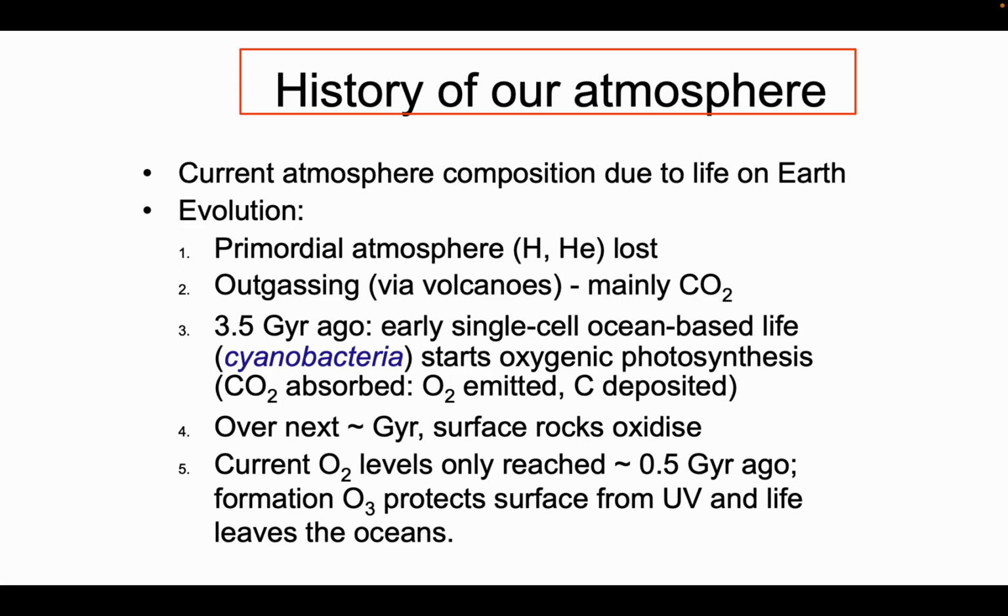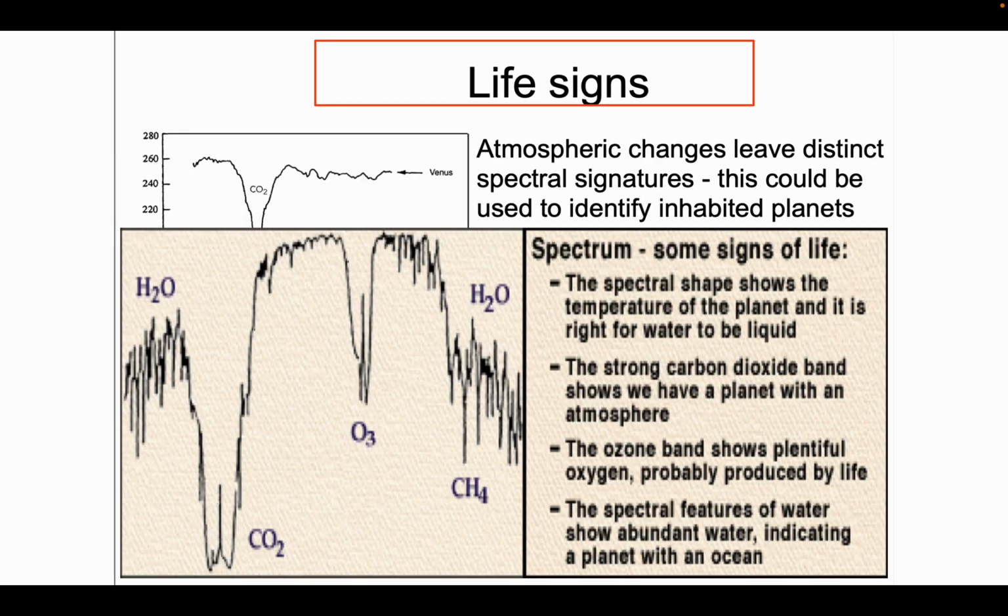There was outgassing, mainly from volcanoes, mainly carbon dioxide. 3.5 gigayears ago, early single-cell ocean-based life, the cyanobacteria, started oxygenic photosynthesis. Carbon dioxide was absorbed, oxygen was emitted, and carbon was deposited. Over the next few gigayears, surface rocks oxidized. Current oxygen levels were reached only about 0.5 gigayears ago. Formation of O3, ozone, protected the surface from UV, and life lived in the oceans.